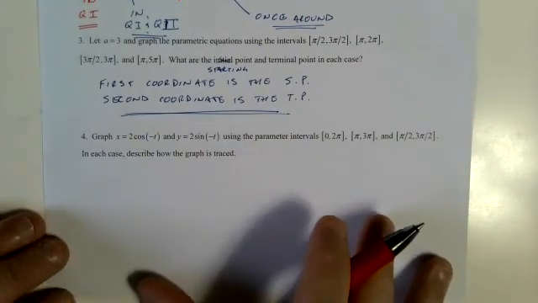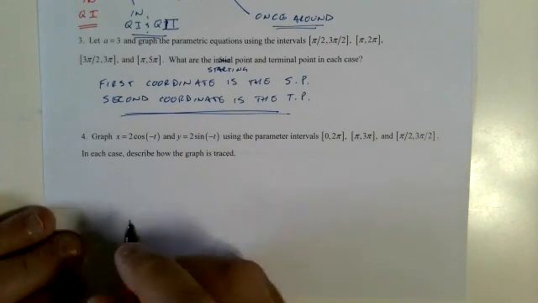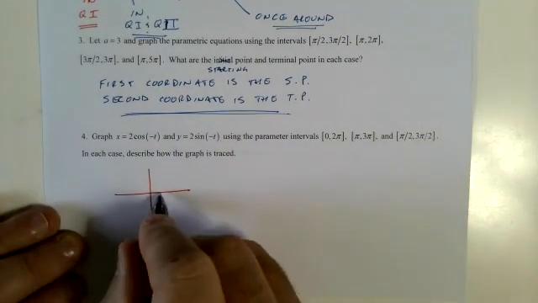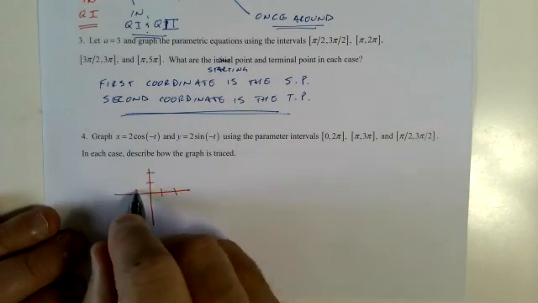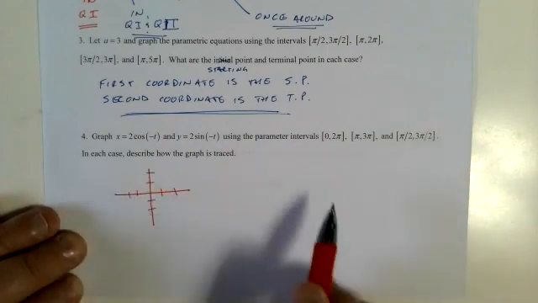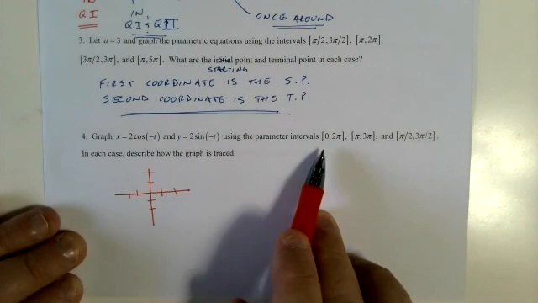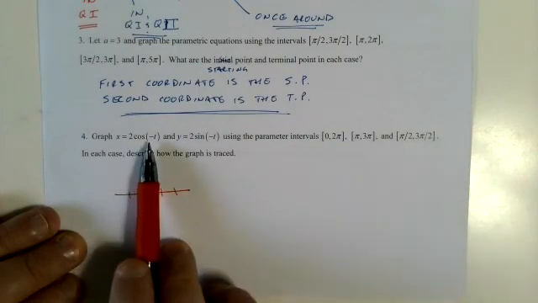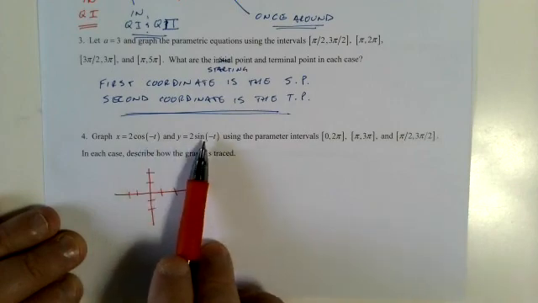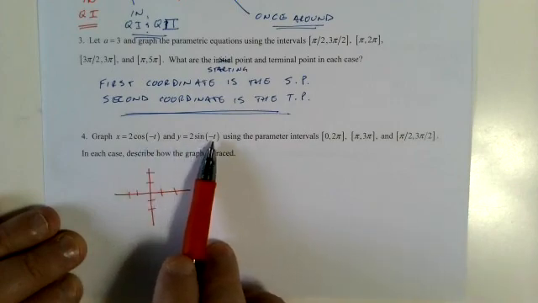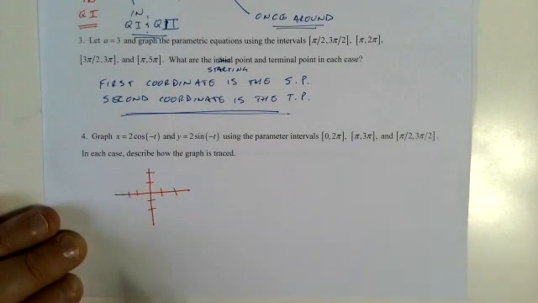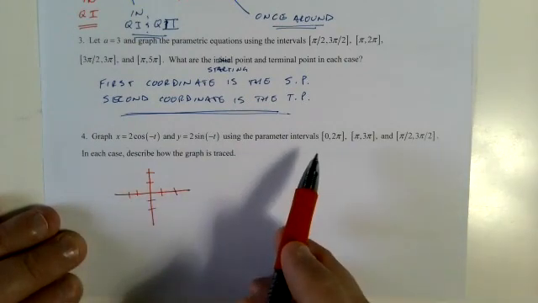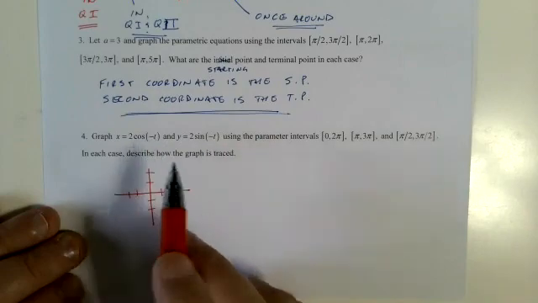Okay, so now we have something slightly different. Let's go with 0 to 2 pi. So cosine of 0, sine of 0, you get 2, 0, it starts here. Now we put in pi over 2, it's negative pi over 2.